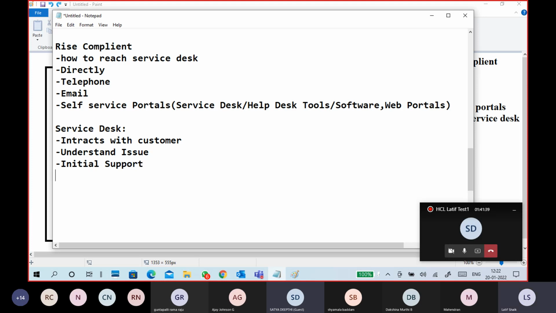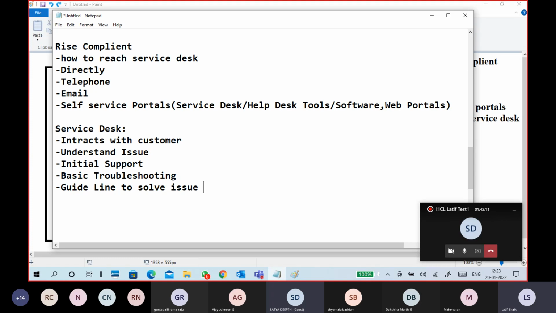Understand the issue, give the initial support, and try to do basic troubleshooting, or give the proper guideline to solve the issue, or tell them how to use it.